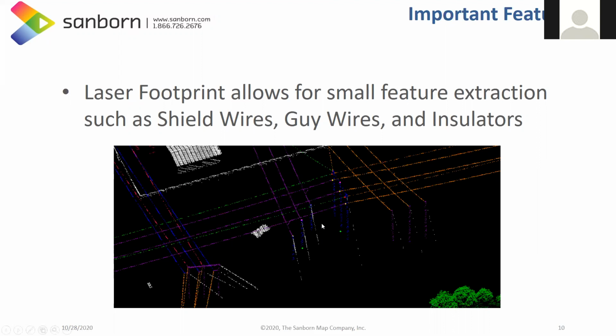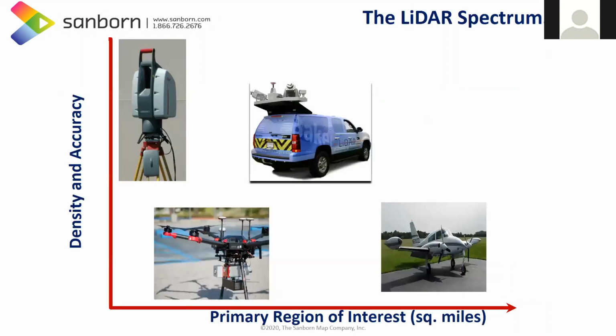That's the advantage of LiDAR, whether it is manned or unmanned: you can extract even the small features, because you are getting a large point density LiDAR data that is useful for feature extraction.